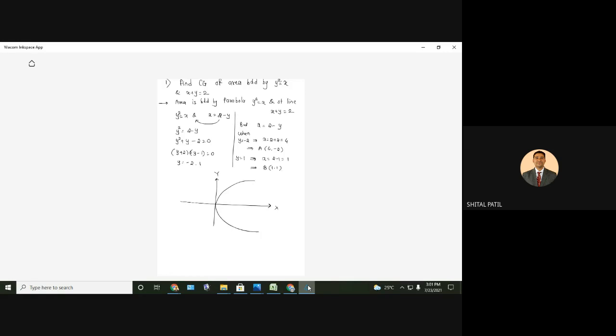And draw the straight line passing through (1, 1) and (4, minus 2).